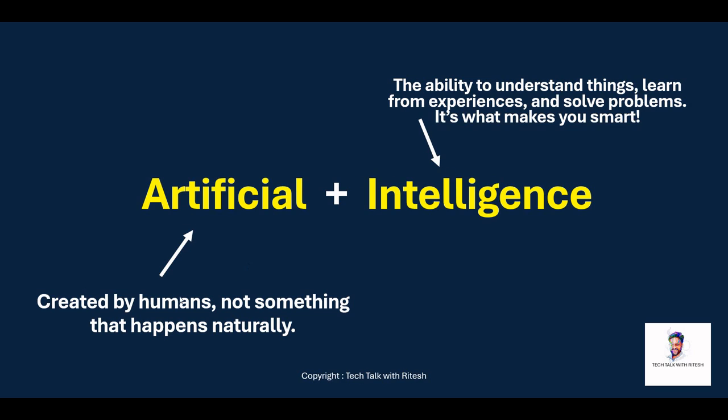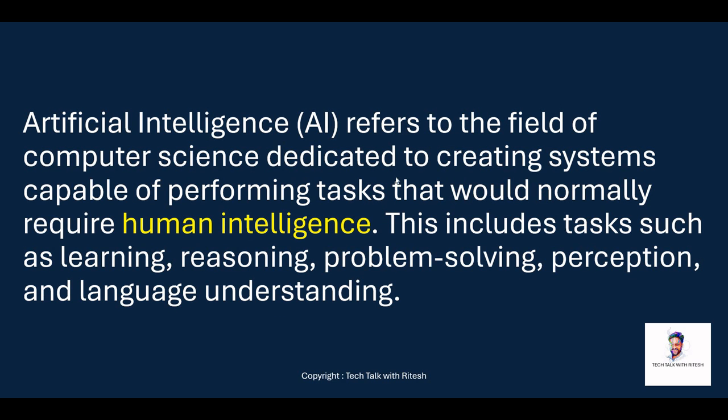So now combining this, something which is created by humans, and machines can perform, so that the machines will work smartly, that is called artificial intelligence. Artificial intelligence refers to the field of computer science dedicated to creating systems capable of performing tasks that would normally require human intelligence.